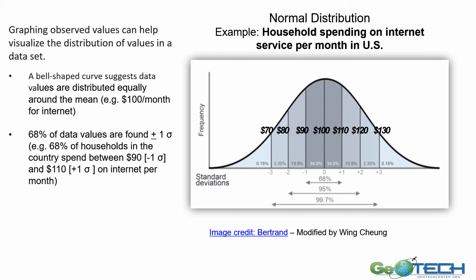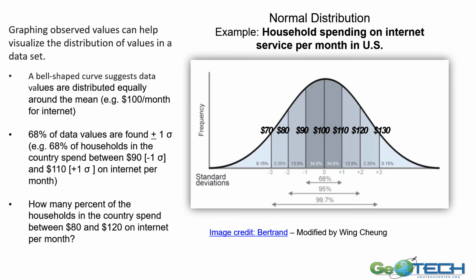So 68% of the data is found between 1 sigma plus or minus, and that is 90 to 110. So it's telling me that most, 68%, of the US population spends between $90 and $110 per month on internet.